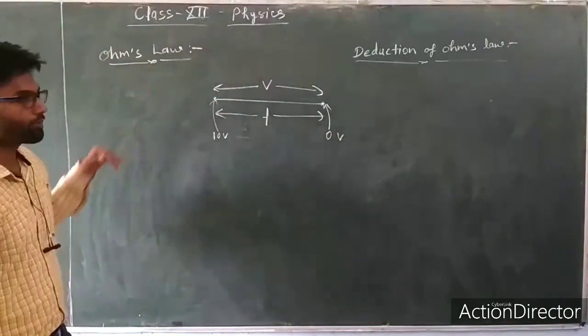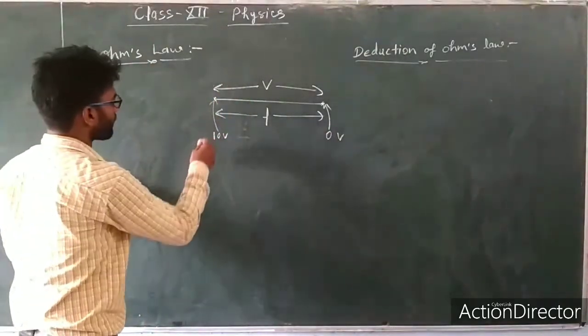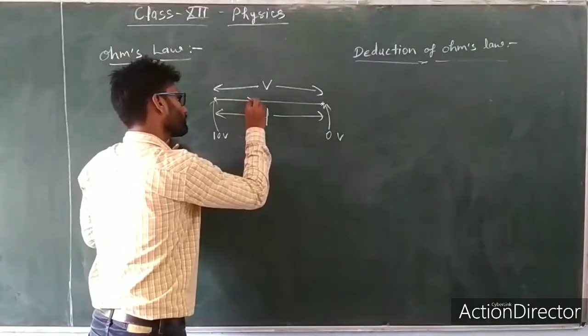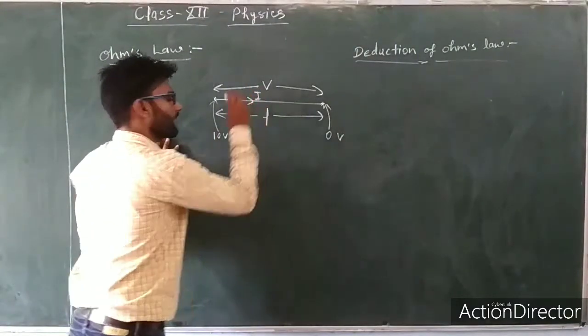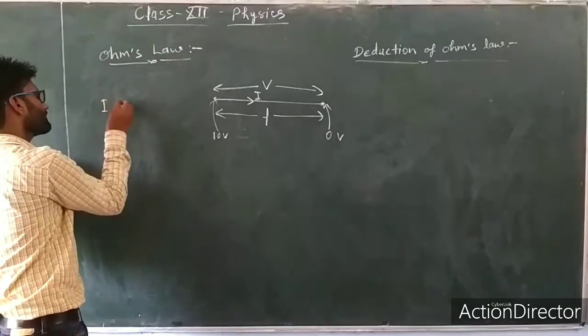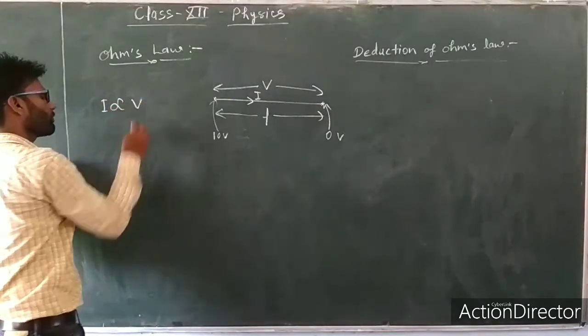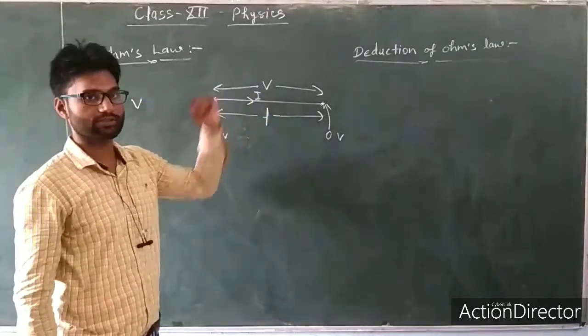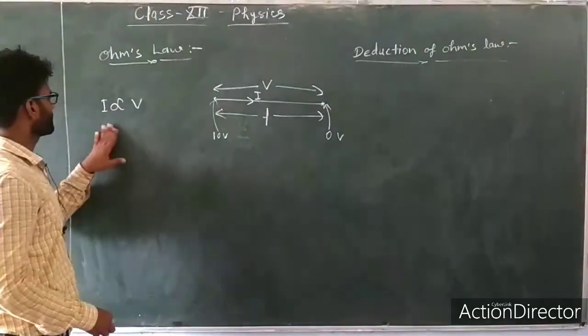So according to Ohm's law, the current flowing through this conductor, let it be I, is proportional to the potential difference across this wire, right?